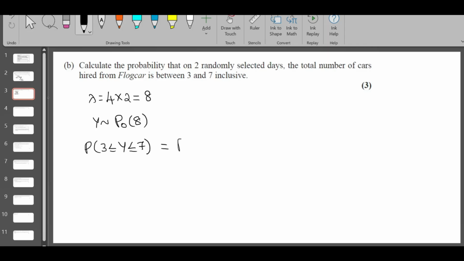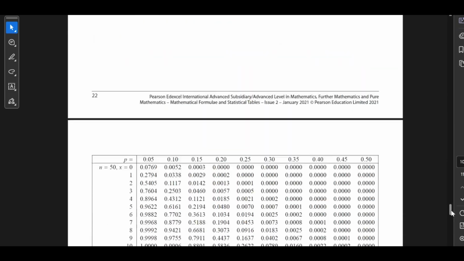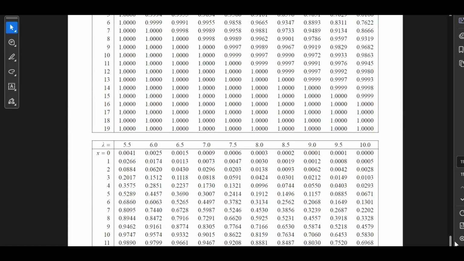So when you split it, you can write it as Y less than or equal to 7 minus, since we need 3, we subtract up to 2. So let's get the table values for lambda equal to 8 and x is 2 and 7.